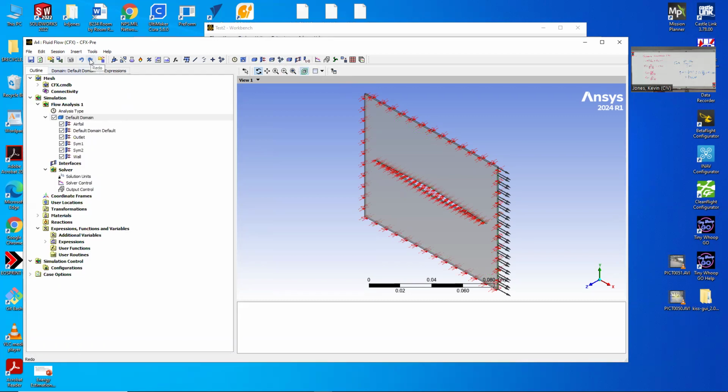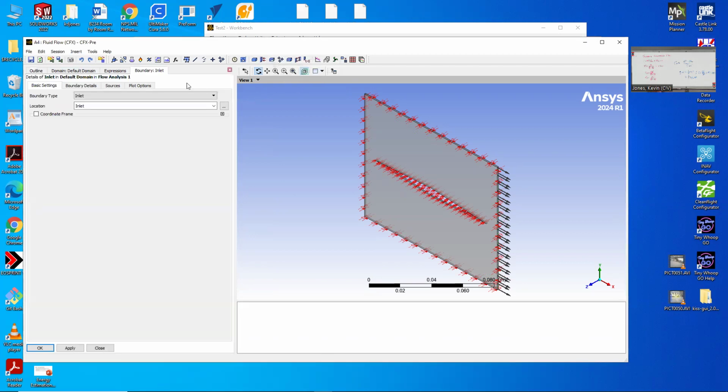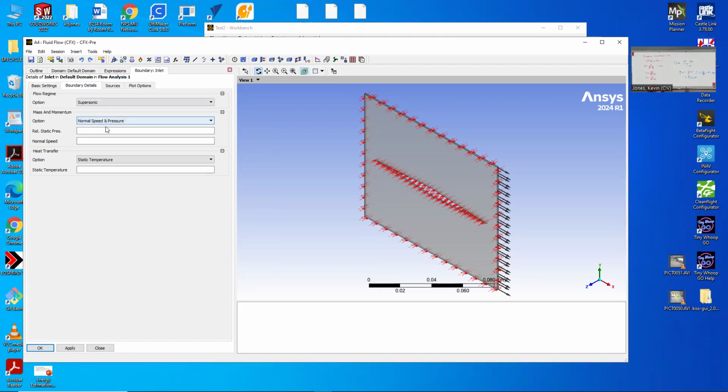And then lastly, let's finish this last one. The inlet is supersonic, and we want normal speed and pressure. Pressure is the expression P infinity, normal speed is the expression U infinity, and temperature is T infinity.